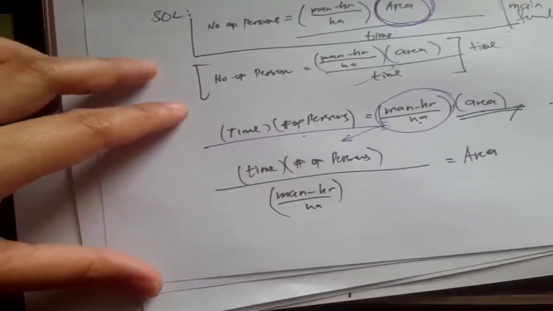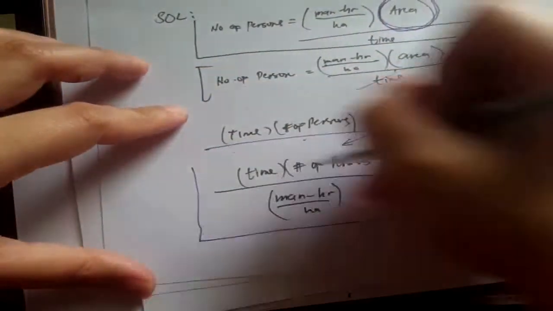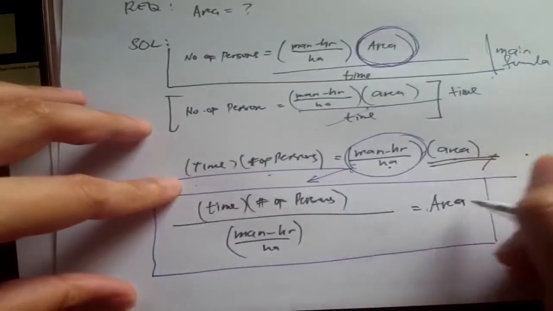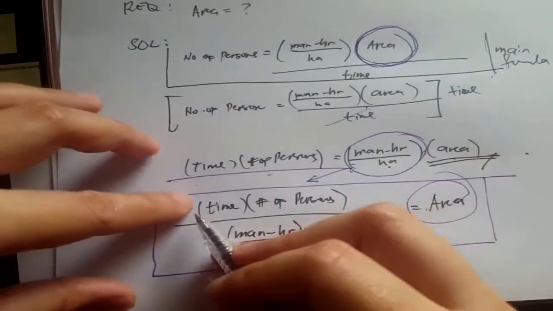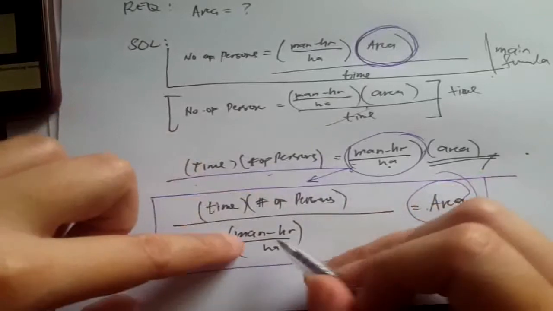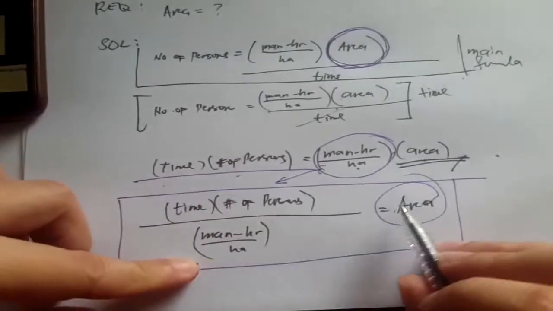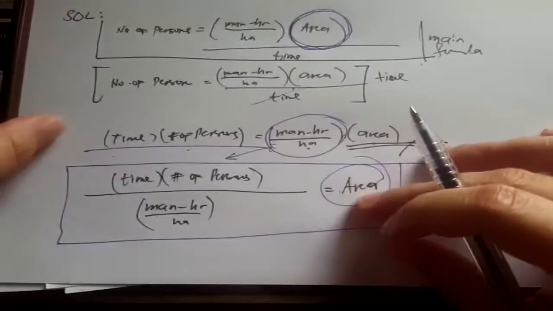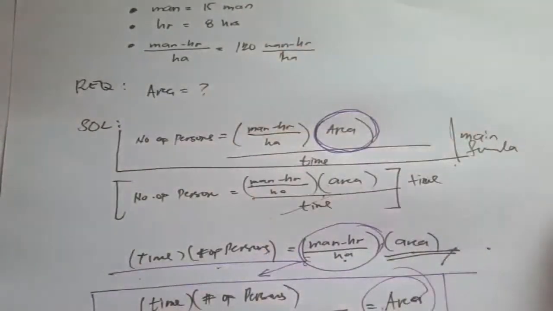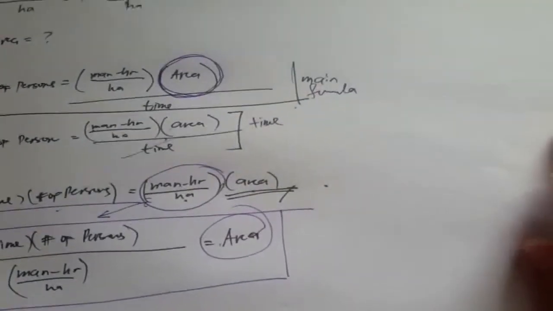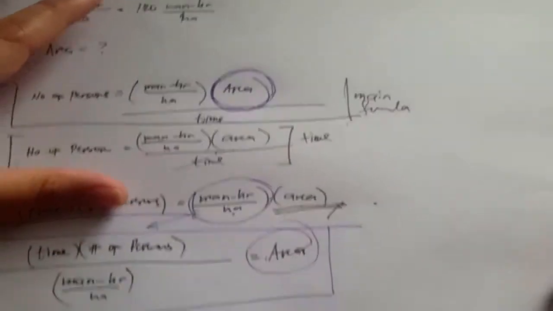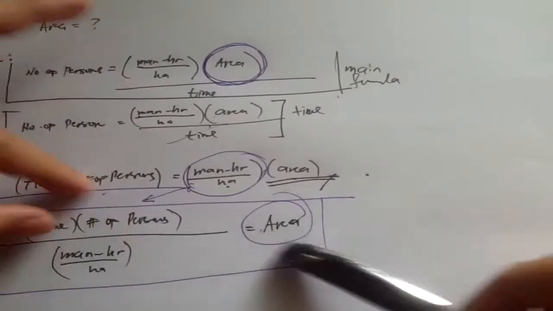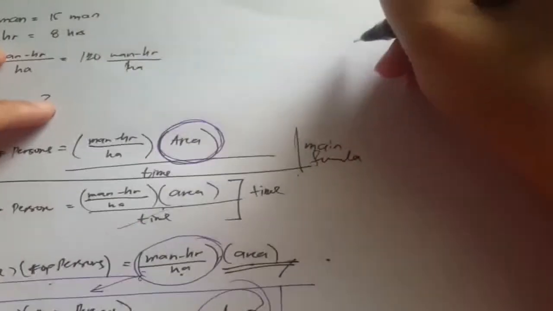From our main formula, we have established the formula for area: area is equal to time times number of persons divided by man-hour per hectare. Let us now use this formula to determine how much area the laborers could finish within 1 day.